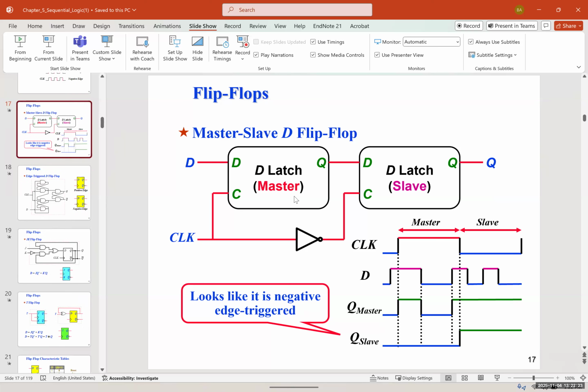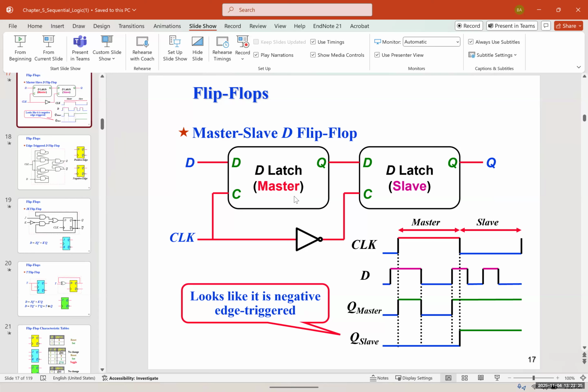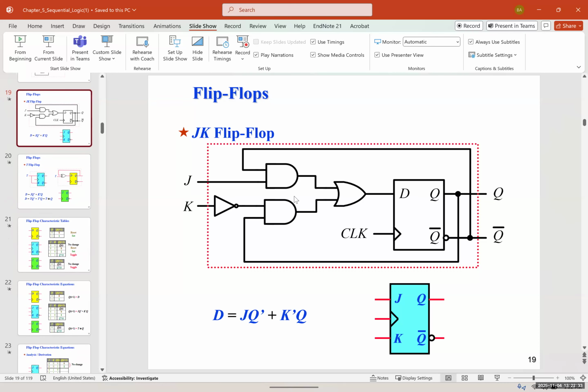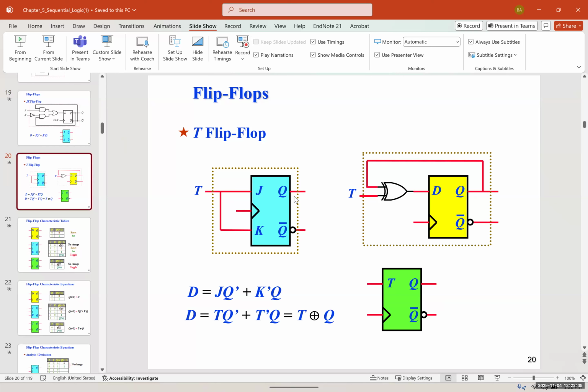And a D flip-flop is the basic block for what? For a JK flip-flop. And the JK flip-flop is the basic block for a T flip-flop. So we can build a T flip-flop from an SR latch.